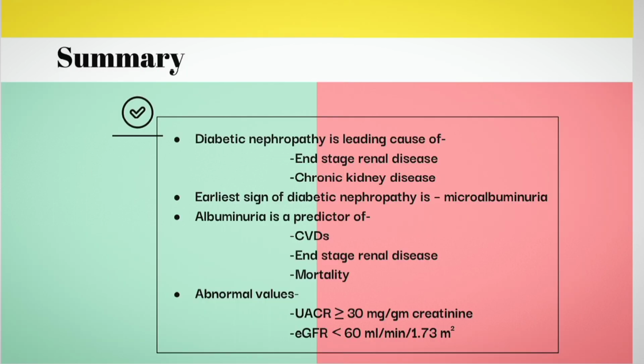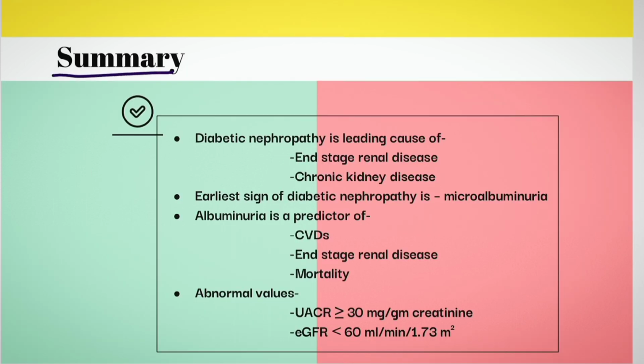Now coming to the summary of this presentation: diabetic nephropathy is one of the leading causes of end stage renal disease and chronic kidney disease. Microalbuminuria is the earliest sign of development of diabetic nephropathy. Albuminuria is an indicator or predictor of cardiovascular disease development, the development of end stage renal disease, as well as mortality.